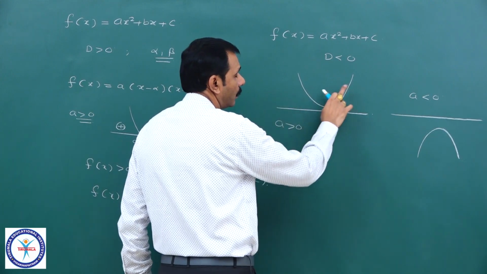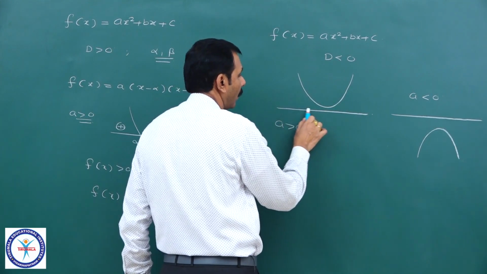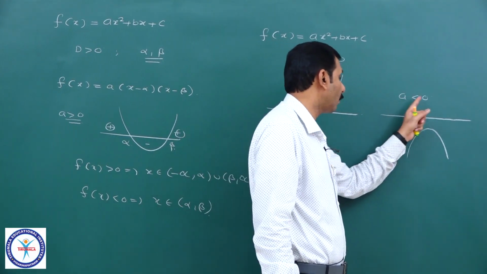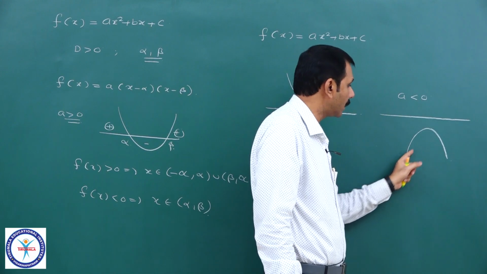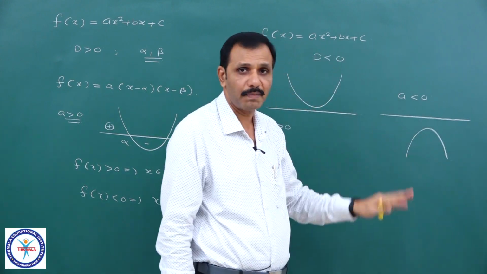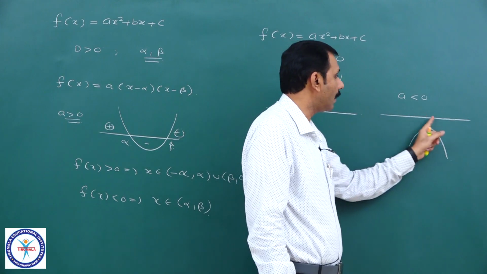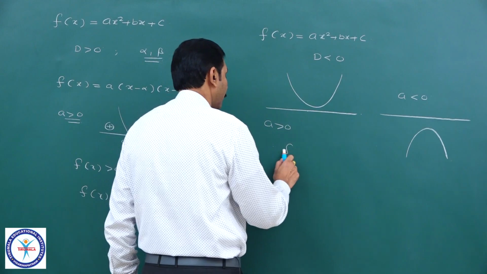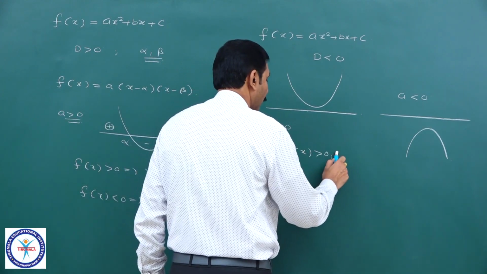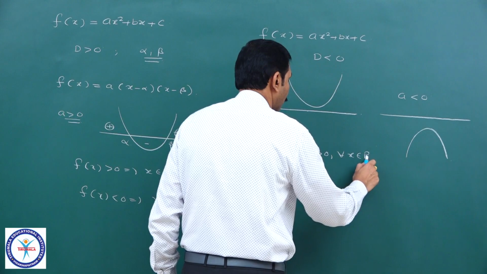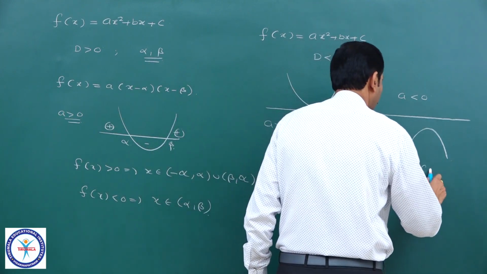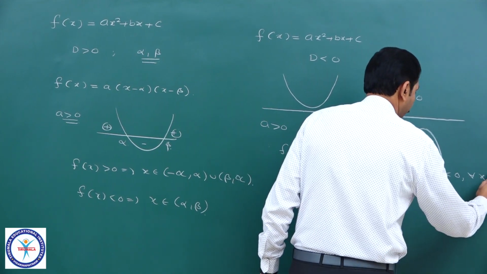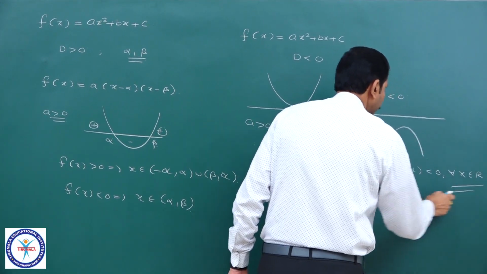If it opens upwards, whatever value of x you take it is always positive, and if the coefficient of x square is negative, because this lies completely below the x axis, whatever value of x you substitute it will always be negative. Therefore, here we can write f of x greater than 0 for all x belonging to capital R, and here f of x less than 0 for all x belonging to capital R.